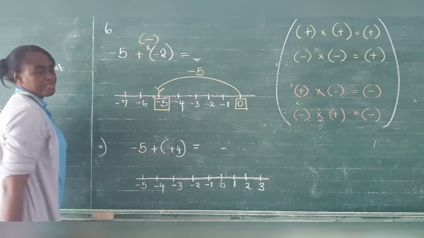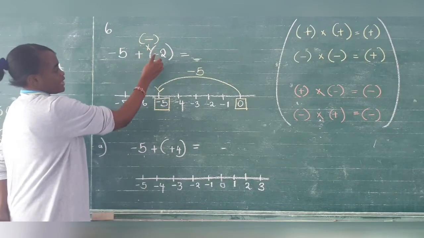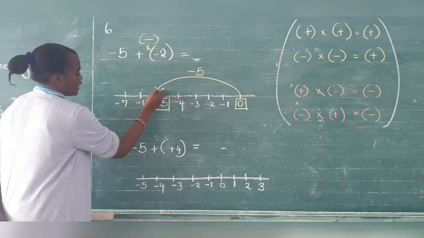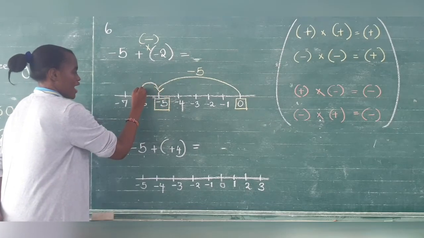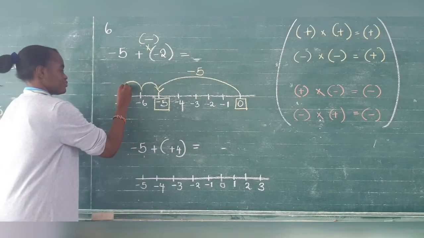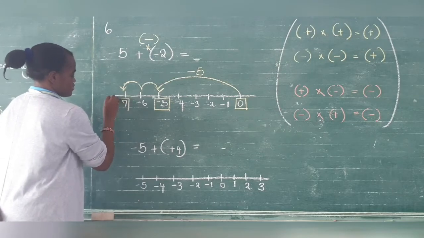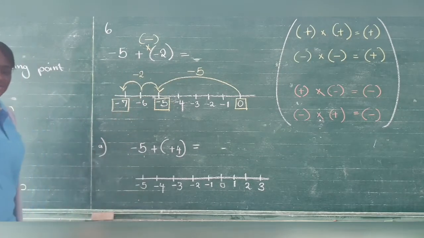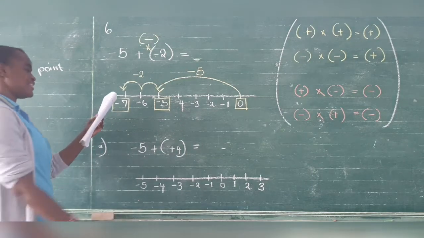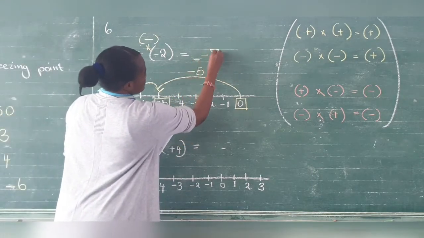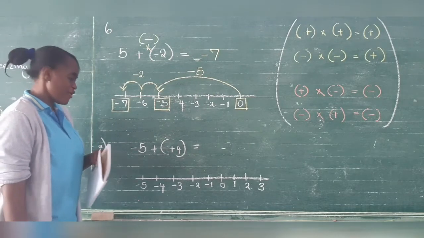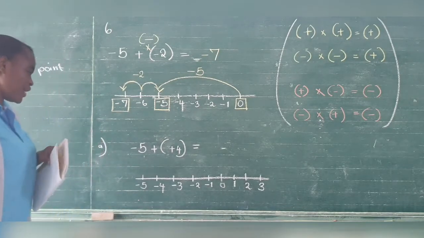So we are going to minus: negative 5 minus 2. 1, 2. Your answer is negative 7. Do you understand?